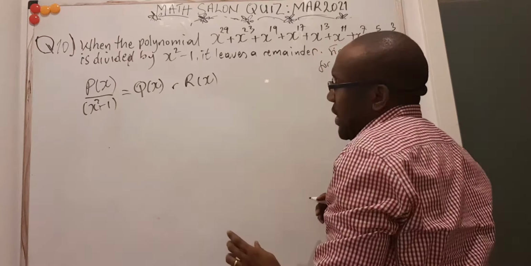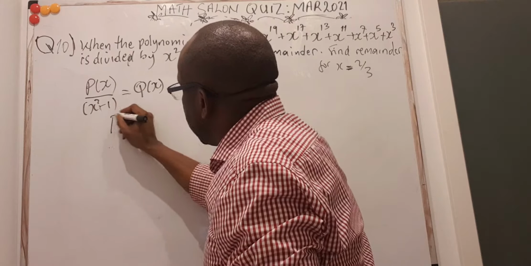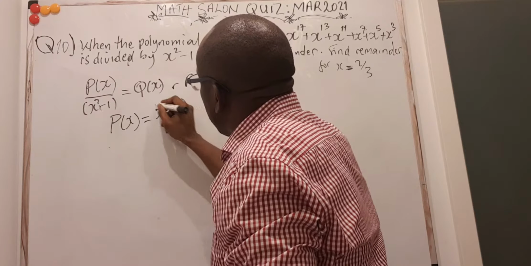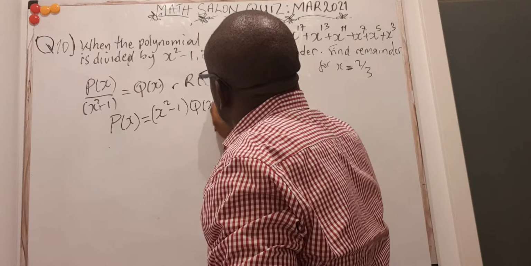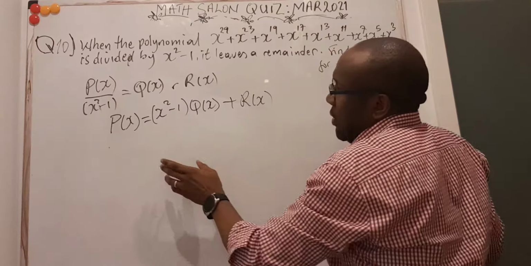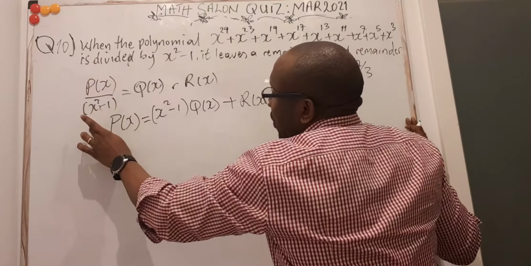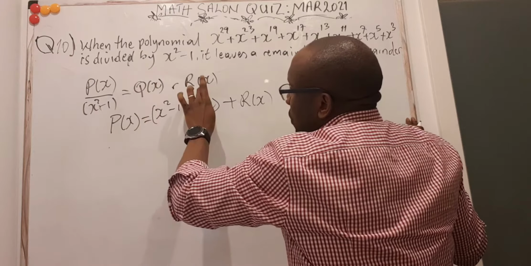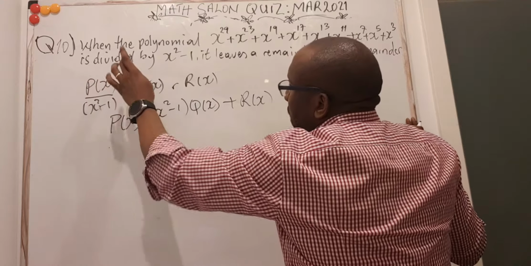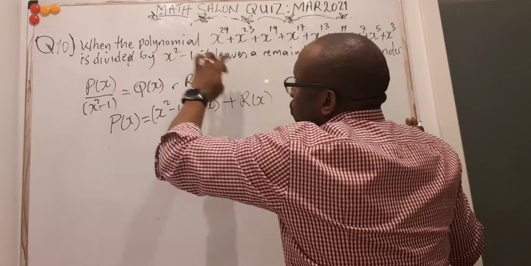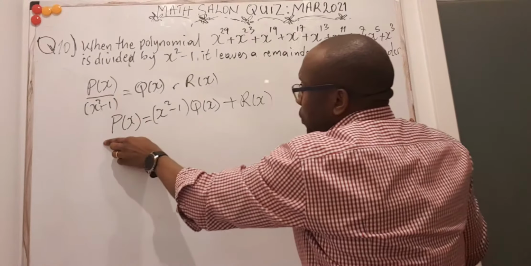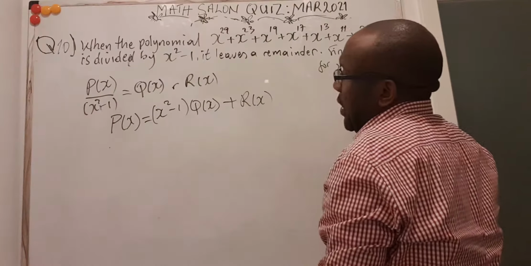But in the same way, my p of x can be written as x squared minus 1 times k of x plus r of x. 7 divided by 3 was equal to 2 and 1 was over. We said 7 could be written as 3 times 2 plus 1. So I try to do it in the same way here. So my polynomial can be expressed in this form.